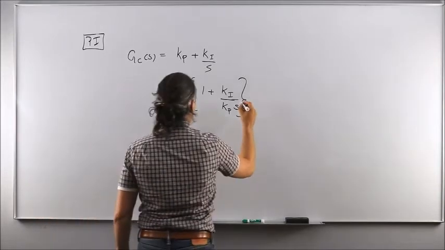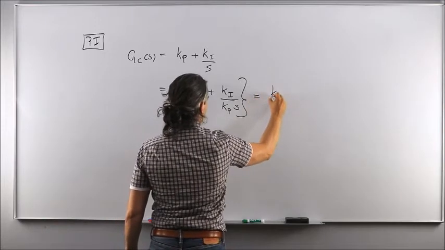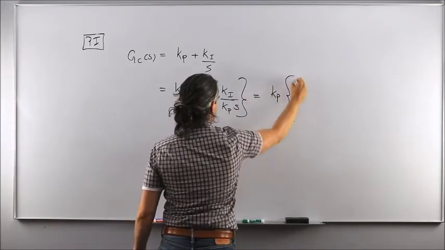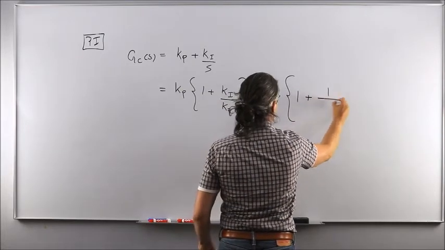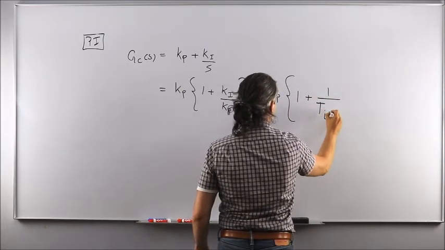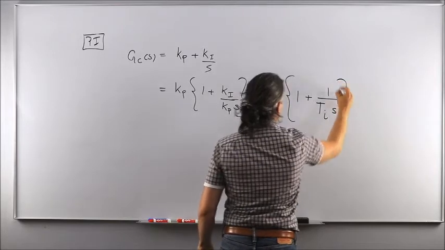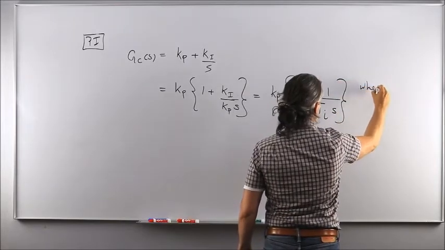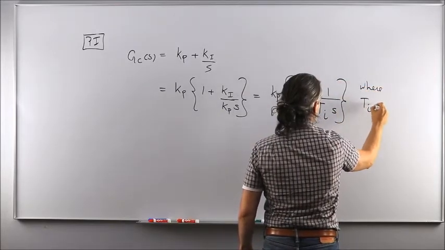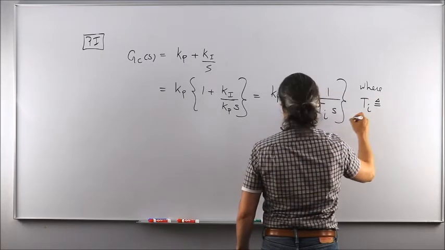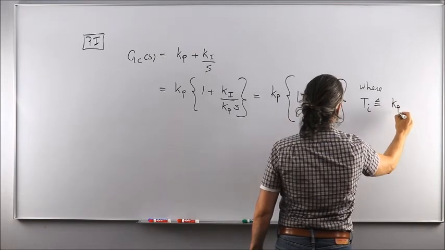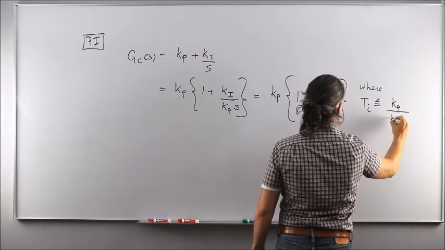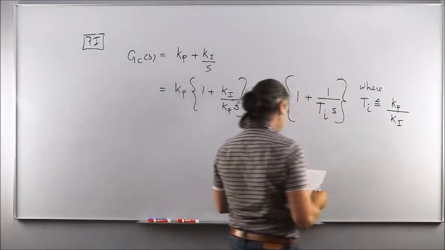Or I can rewrite that as Kp times 1 plus 1 over Ti s, where Ti had been set by definition to be equal to Kp over Ki.